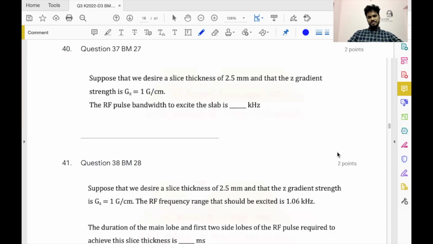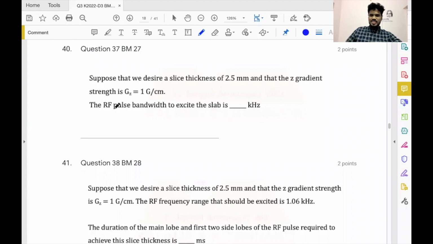We're using the range of frequency formula, delta nu is equal to gamma bar times GZ times delta Z. This is just the change in frequency.